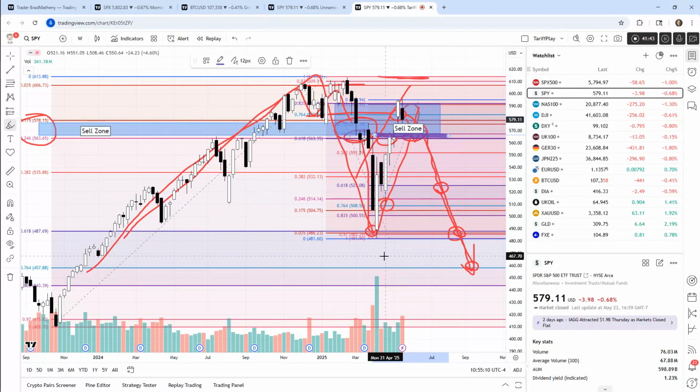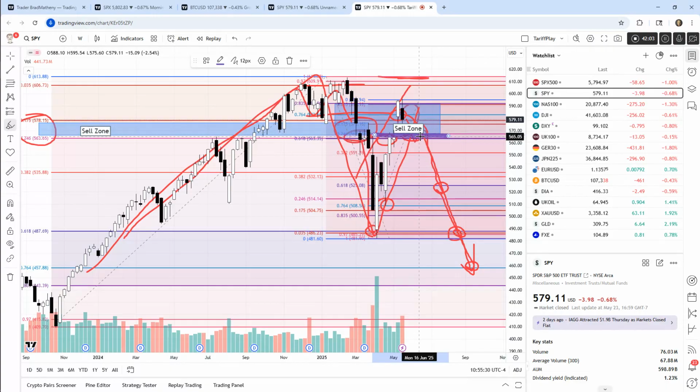So what would you do? You would essentially run longer term call options because we're still in an uptrend, potentially trying to trade the primary trend up. And you would set up short term, maybe 20, 25-day put options, potentially setting up into this sell zone.